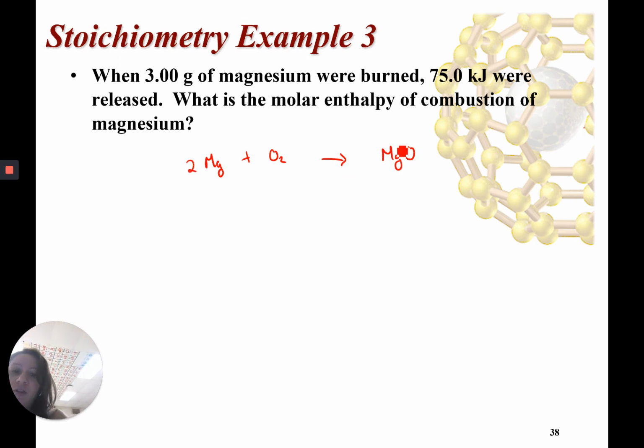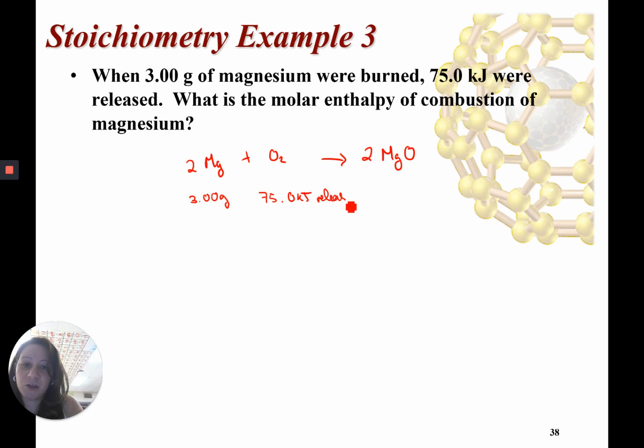And to balance it, you need 2, 1, 2. They tell us that if I use 3 grams of magnesium, I get 75.0 kilojoules released. You can write it as 75.0 kilojoules released, or you can write negative 75 kilojoules.